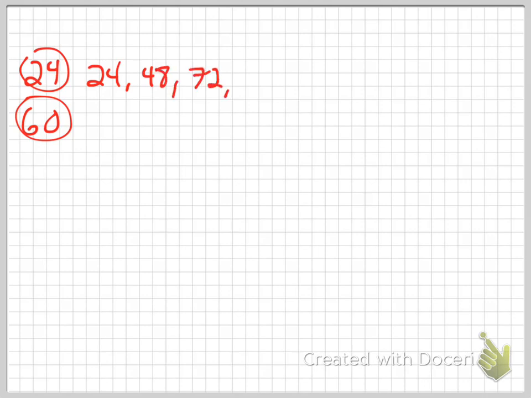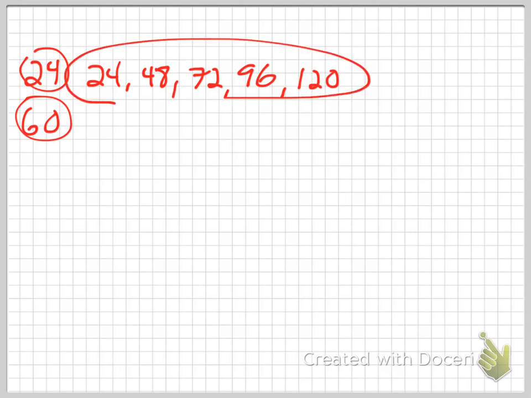Well, let's do this first. If we're going to do it the other way, 24 and 60, all of a sudden we have to go 24, 48, 72, 96. First of all, you guys probably wouldn't be able to do it like this. 120. Right, it is 120, but it would have taken you a while to do that. Agreed?